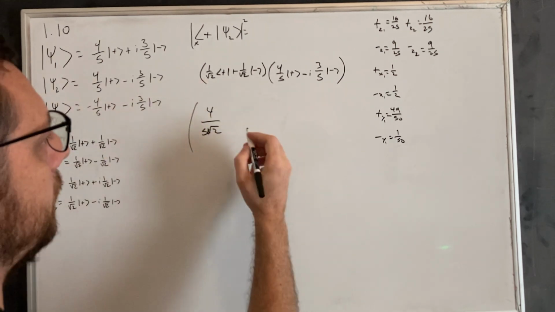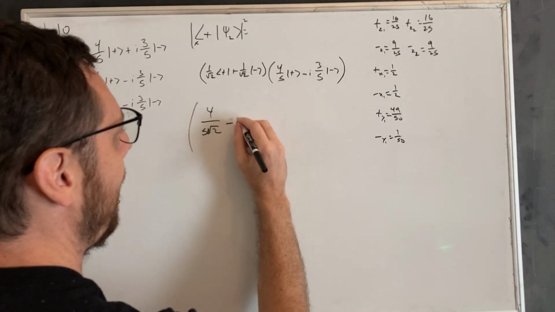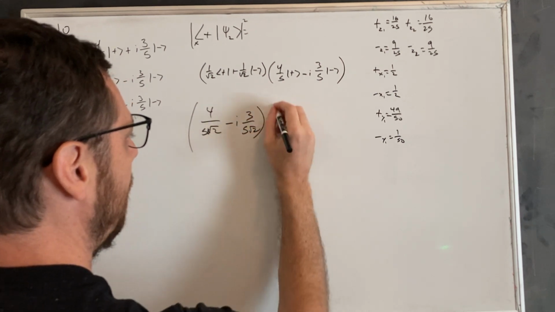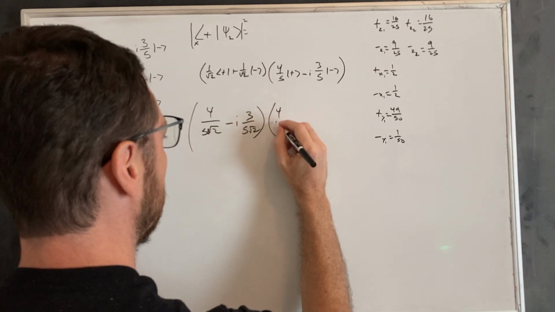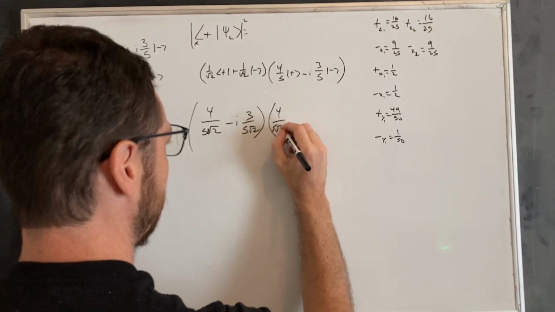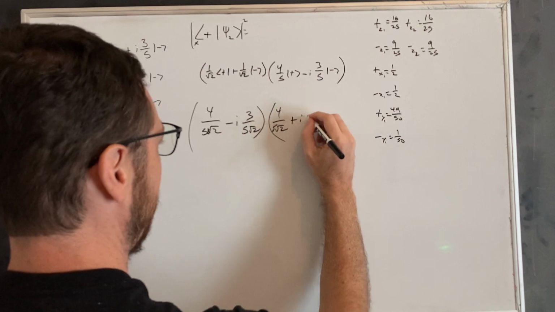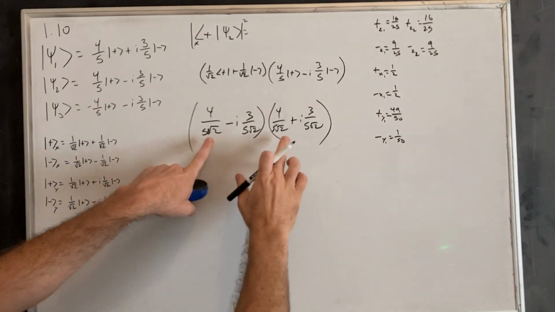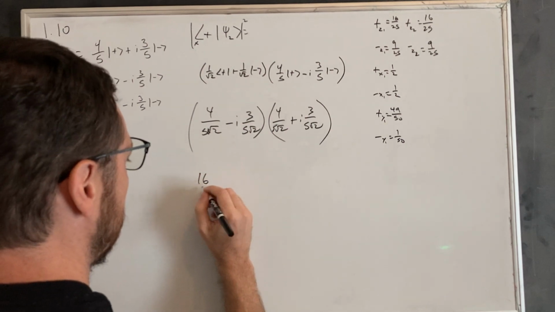And our down is going to be minus i 3 over 5 root 2. All right, multiply that with a complex conjugate, so 4 over 5 root 2 plus i 3 over 5 root 2. FOIL this out, so we have 16 over 50.